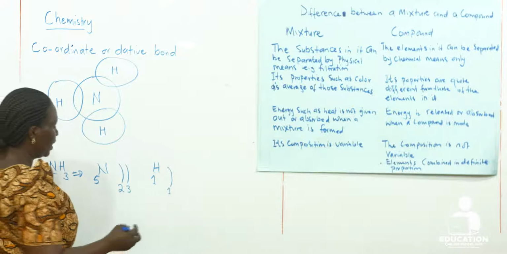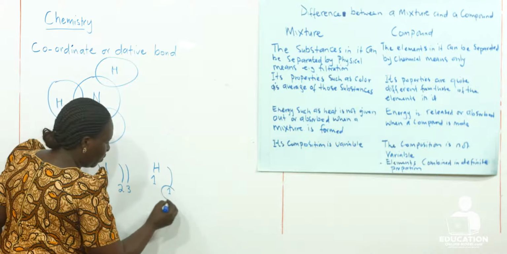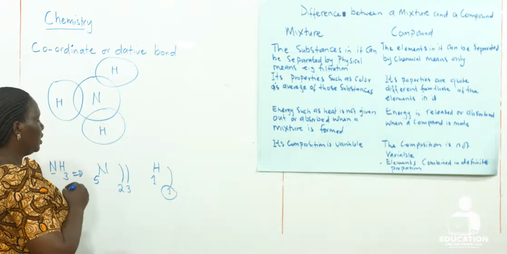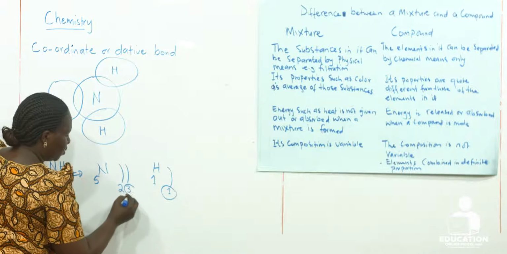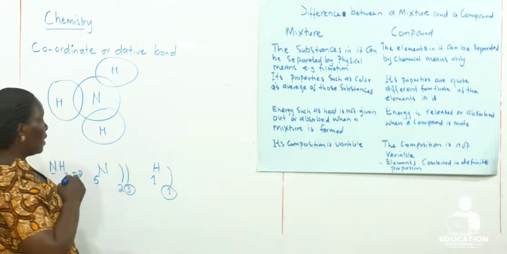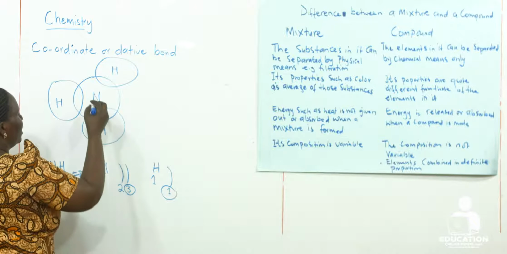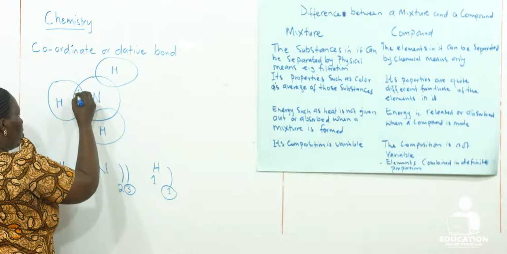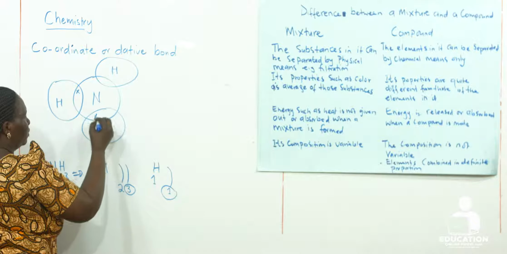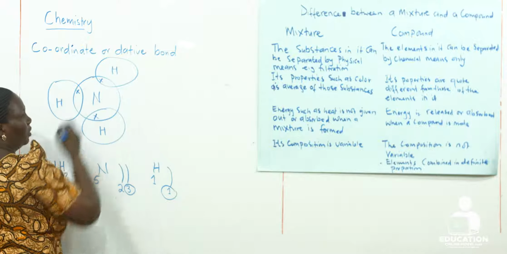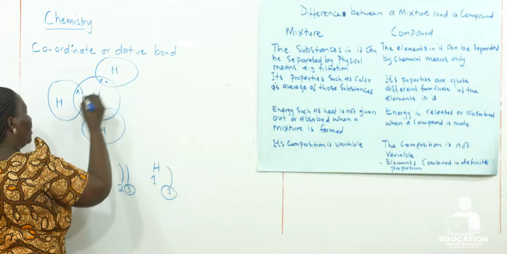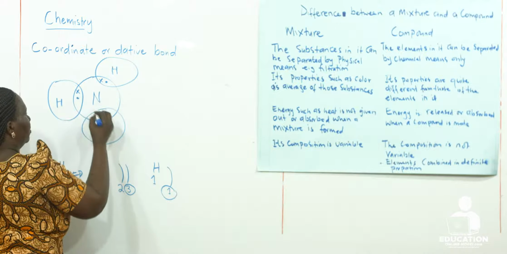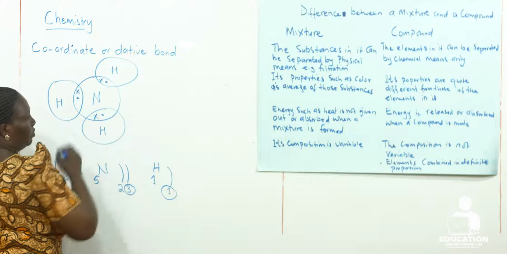And then we know that hydrogen has got only 1 electron in its outermost shell, while nitrogen has got 3 electrons in its outermost shell. So nitrogen will contribute all its 3 electrons, and hydrogen will contribute its only 1 electron.